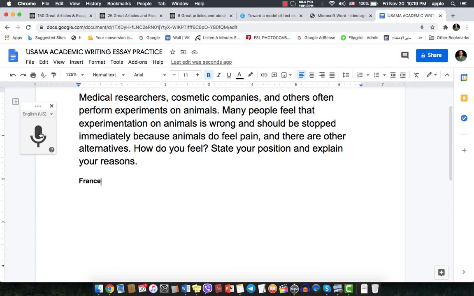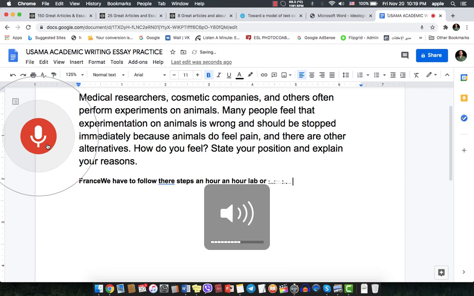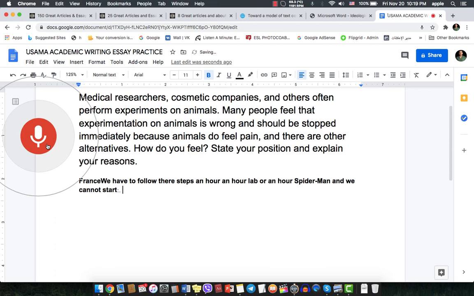So in the current time, we have to follow their steps in our lab or in our experiment, and we cannot start our own experiment without following them.